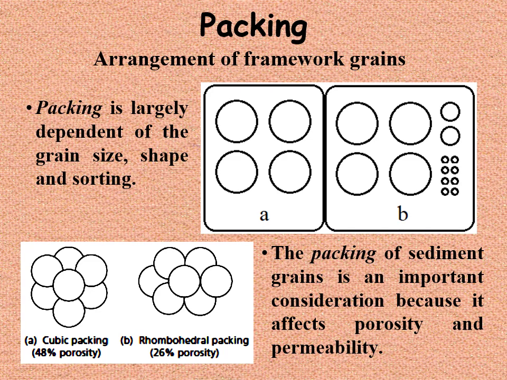Now this packing is largely dependent on the grain sizes and shape, and also sorting. Suppose these grains are of large size. These large size grains can show a type of packing, whereas in the right figure you can see that along with the large size grains there are intermediate size grains and finer size grains.